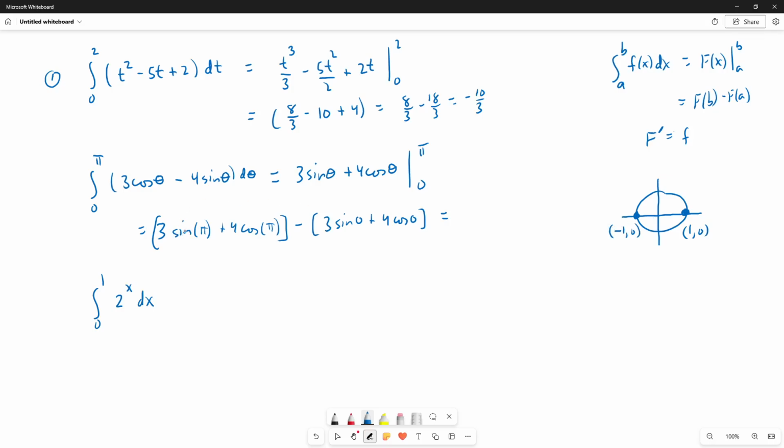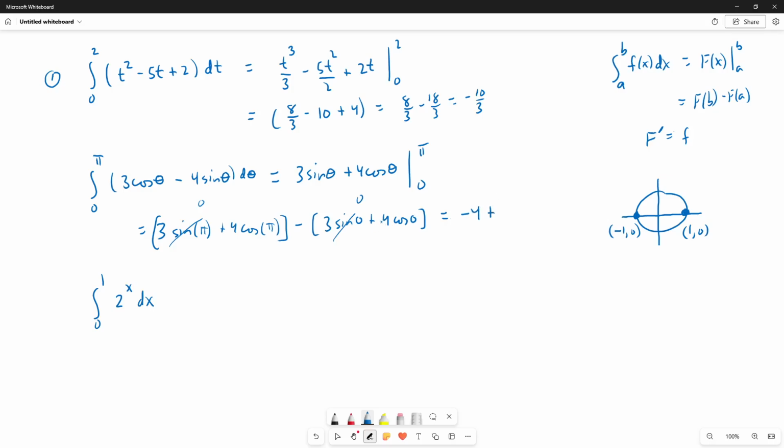The sine is the y coordinate. So the sine of pi is 0, and the sine of 0 is 0. The cosine of pi is the x coordinate. That's negative 1 times 4 is negative 4.